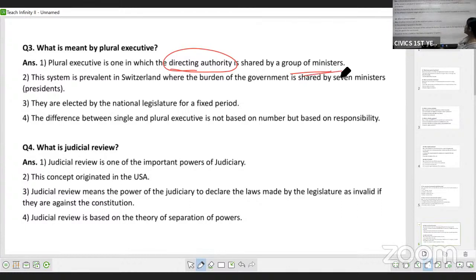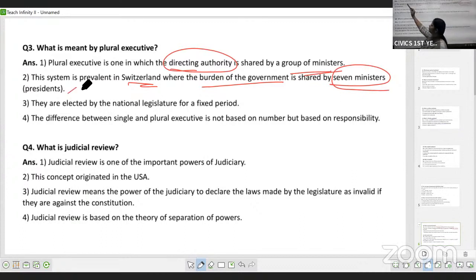You can see this system in Switzerland, where the burden of government is shared by 7 ministers, who are also called presidents. These 7 ministers are elected by the national legislature for a fixed period.